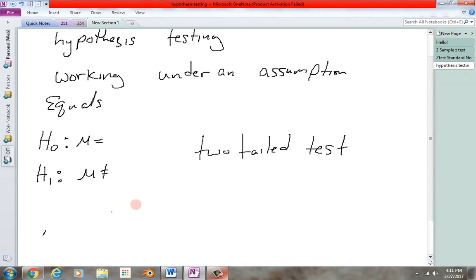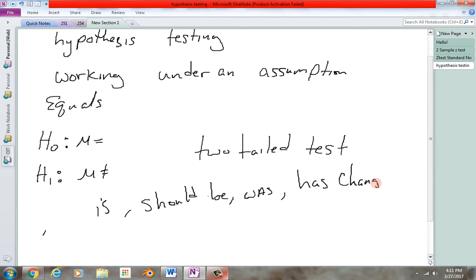If you hear the idea of is, should be, I don't know, was, has changed. All those have the idea that it was equal to, it may have changed now, it used to be, I don't know, even ought to be.